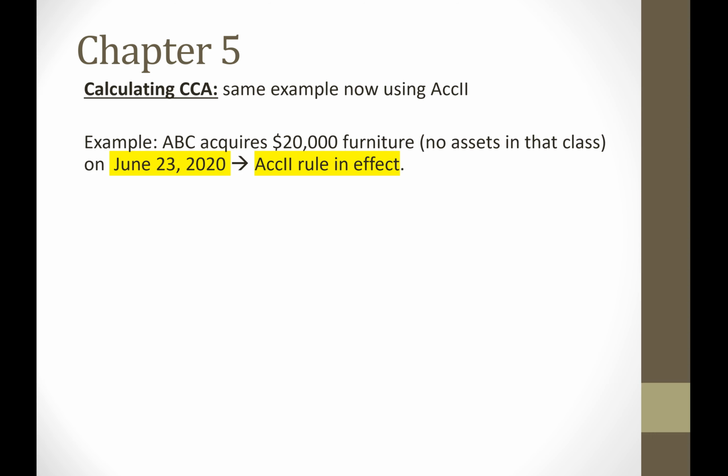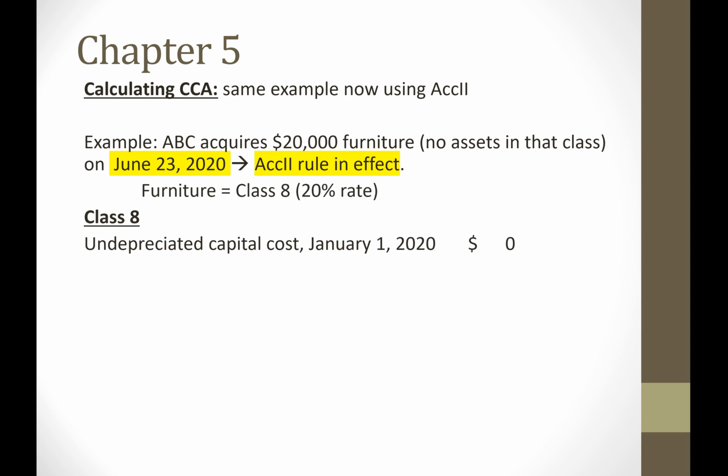ABC buys the furniture on June 23rd, 2020. There's no other assets in the class, and so at the beginning of the year, we have a 0 balance. We now add the $20,000. That's our net additions. Once again, net additions are additions minus dispositions. We have 0 dispositions, so our net additions is $20,000.